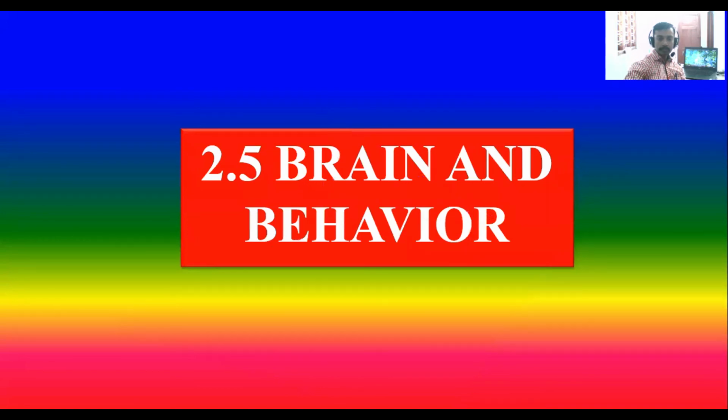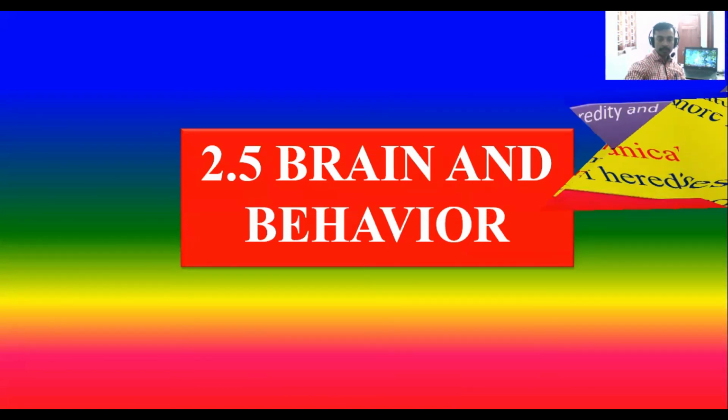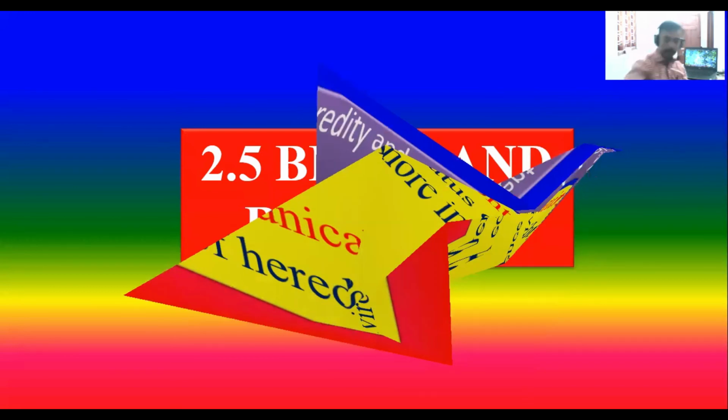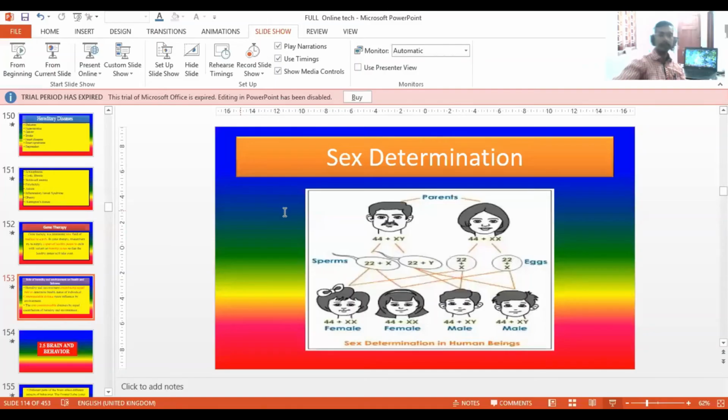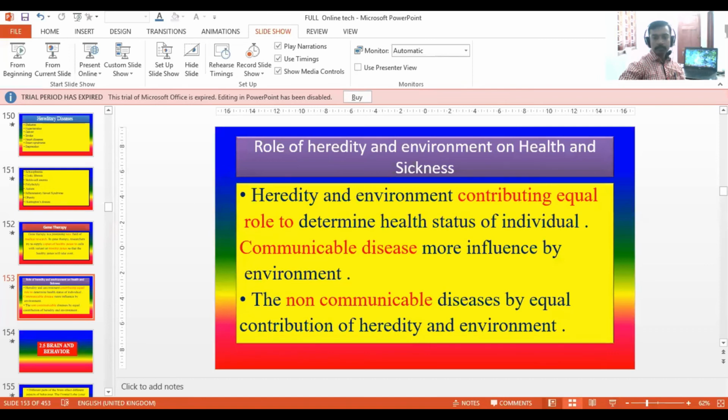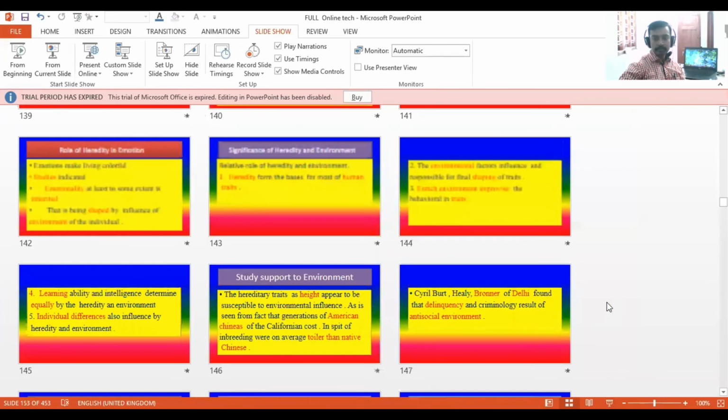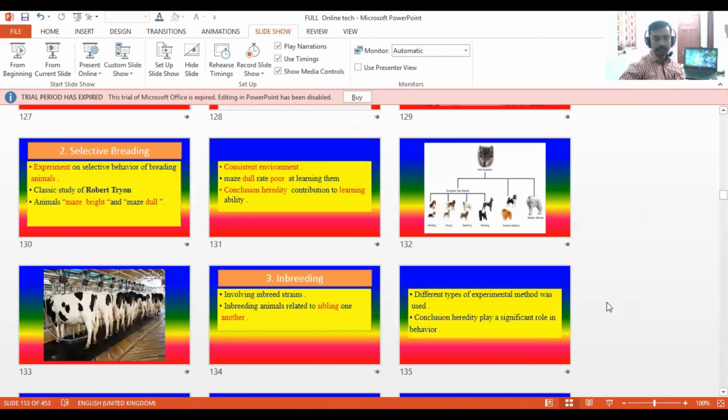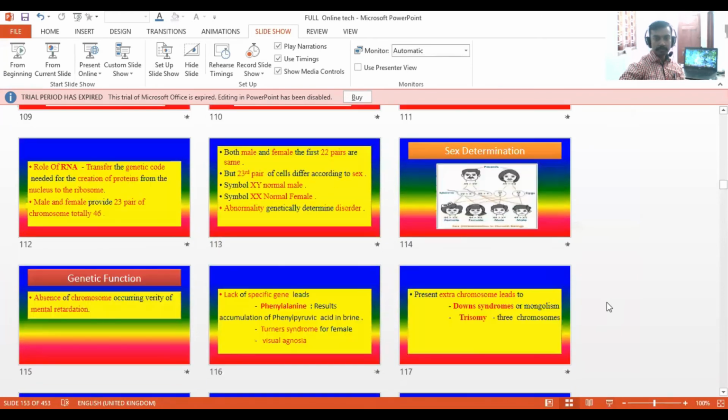Brain and behavior we will learn in the next class. So students, in the examinations, this is a very important question: heredity and environment. Okay?